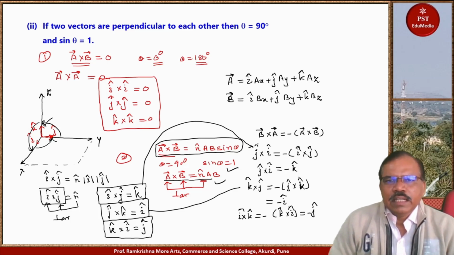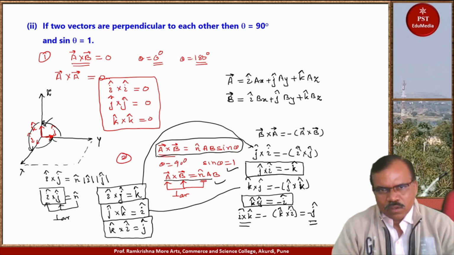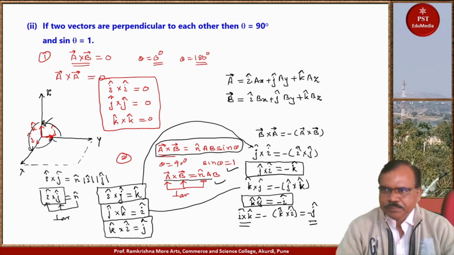So we have these three relations: J cross I is minus K, K cross J is minus I, and I cross K is minus j.